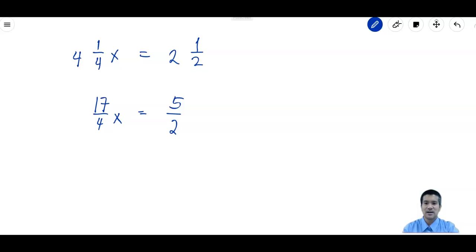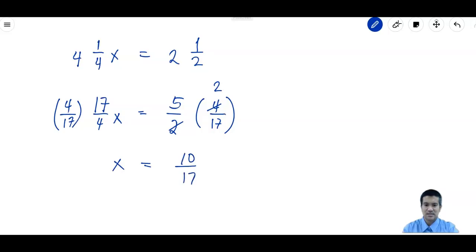We have to find a value that will eliminate this one, so we get the reciprocal, or the inverse, of 17 over 4, which means we multiply both sides by 4 over 17. So this cancels out and becomes x, and then we get 2 and 10 over 17.